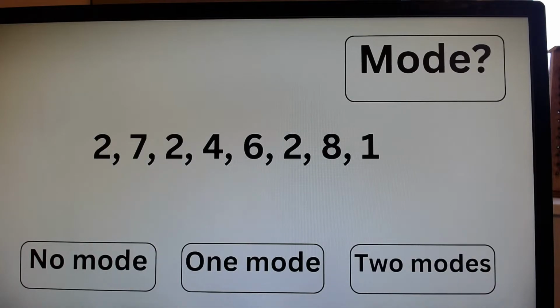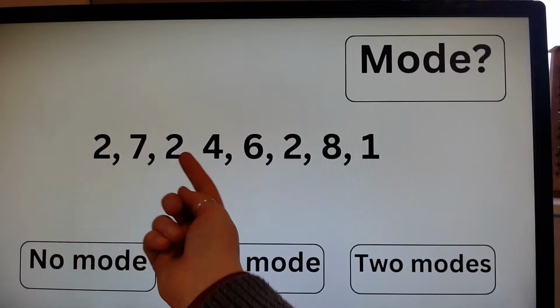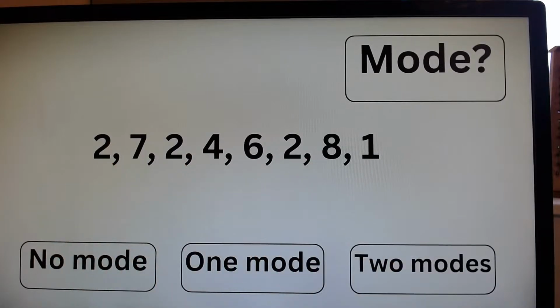Next one. Can you spot it? The number 2 has been repeated 3 times, which is more than anything else. So here there is one mode, and that mode is 2.